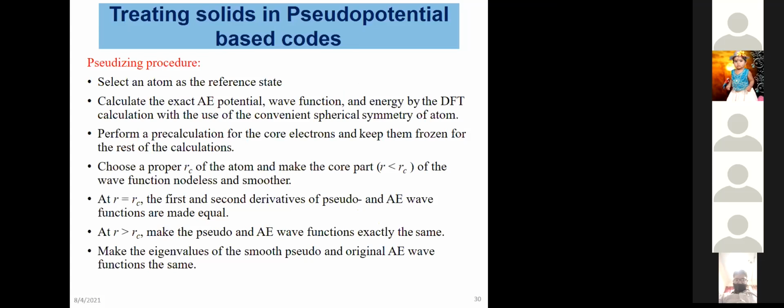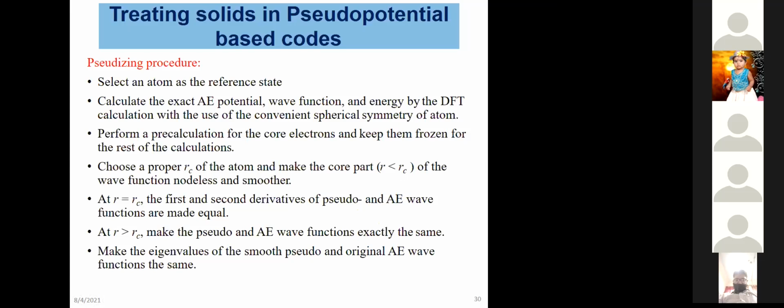and then we decide a cutoff radius RC. Beyond that RC, we take all those electrons as core electrons and combine them with the nucleus, and beyond that RC our wave function is identical to the all electron wave function, and our potential is identical to the all electron potential.